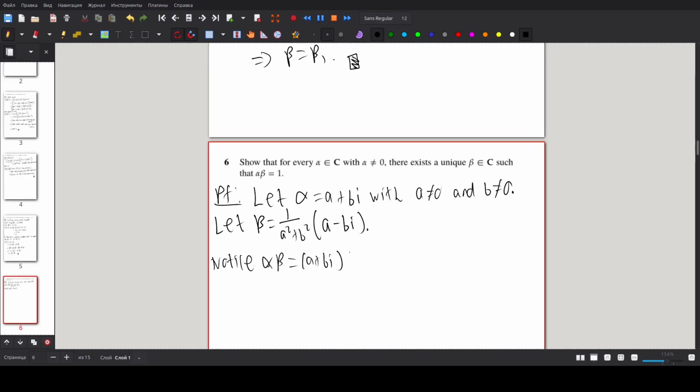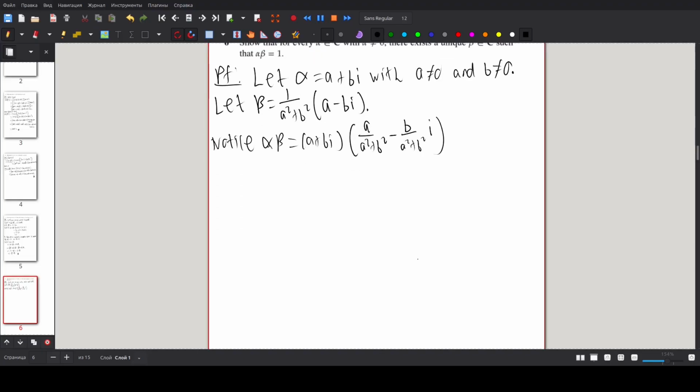So this is going to be a over a squared plus b squared minus b over a squared plus b squared i. Okay, and if we multiply these, what are we going to get? We are going to get a squared over a squared plus b squared plus b squared over a squared plus b squared.